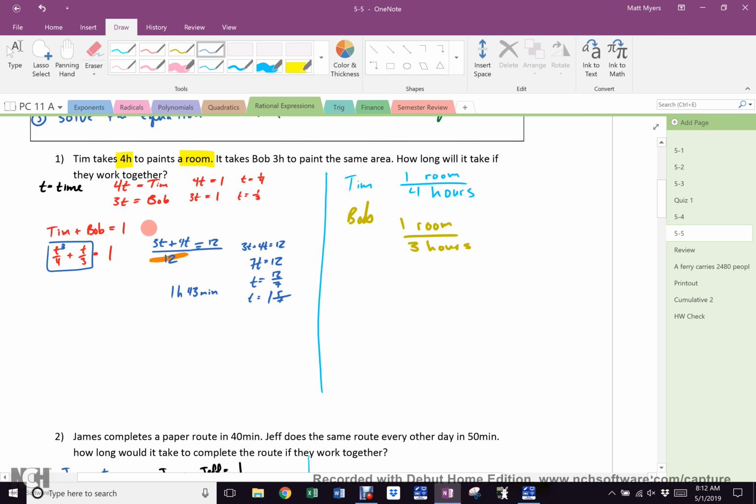Now, what we're trying to do is put Bob and Tim together. So we still have Tim plus Bob, and that is our 1/4 plus 1/3. Now here's where the change will occur. What are we trying to find?